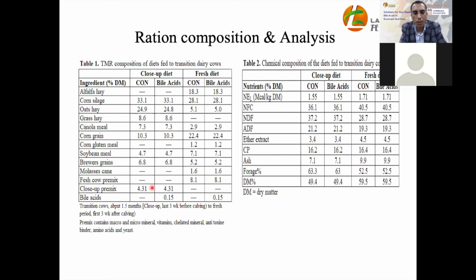To balance the DCAD, we use anionic salts like chloride and sulfur to decrease the DCAD to the targeted level, and decrease the concentration of cationic elements like calcium, potassium, magnesium, and sodium.